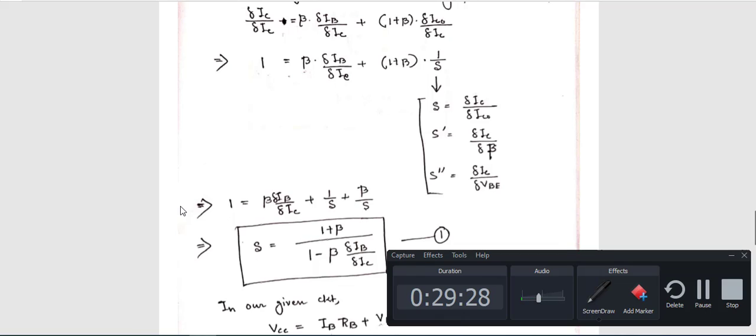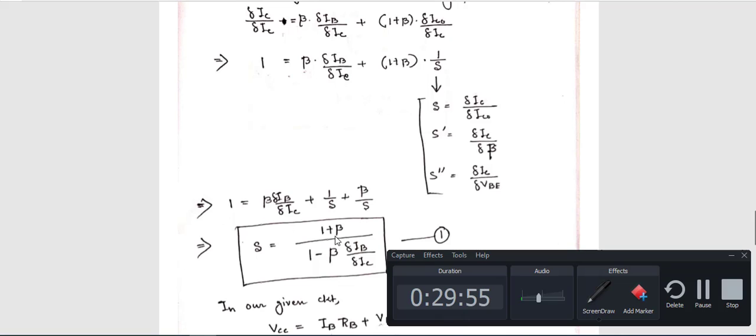That means if you are asked to only calculate stability factor S, then you have to represent this expression in such a way. But if you are asked to calculate S dash, then you have to manipulate this expression in such a way that it comes in terms of S dash or S double dash. That's why just go through the previous note. How can you calculate S dash, S double dash?